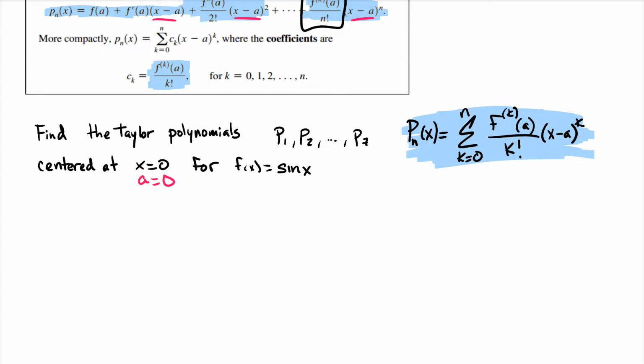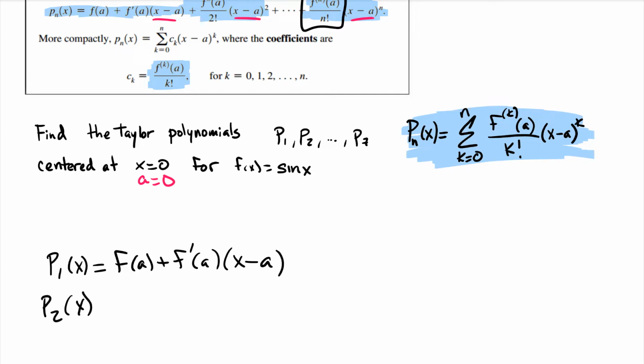But before we ever even get into this, we're going to have to find our first degree. All right, that's our first degree. We know that one. But then we're going to have to find a second degree and a third degree and all of this.